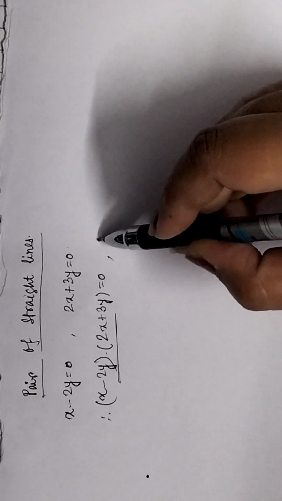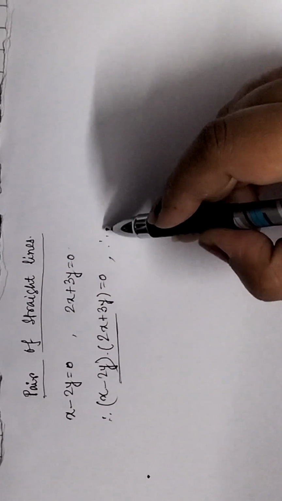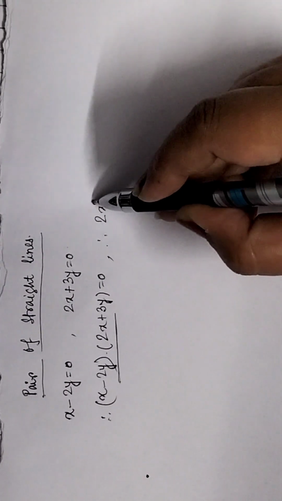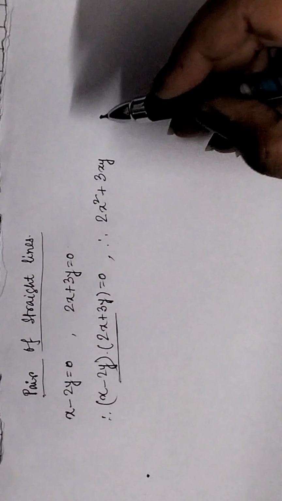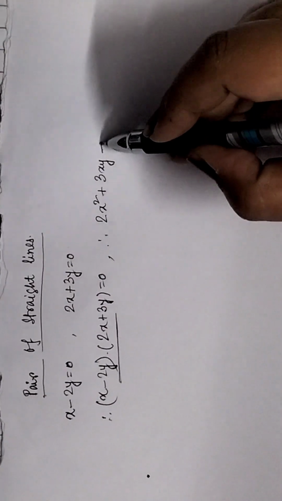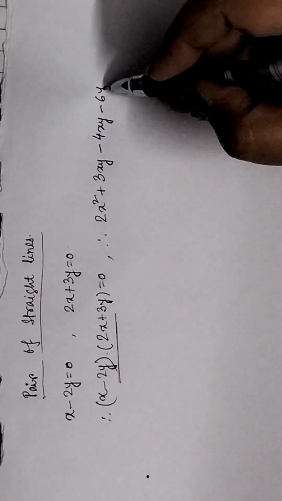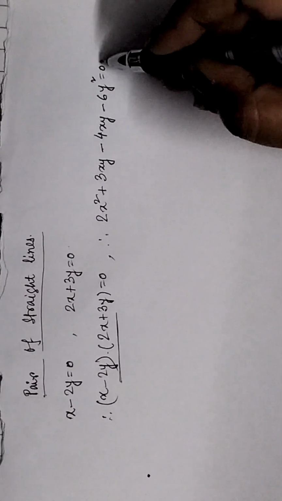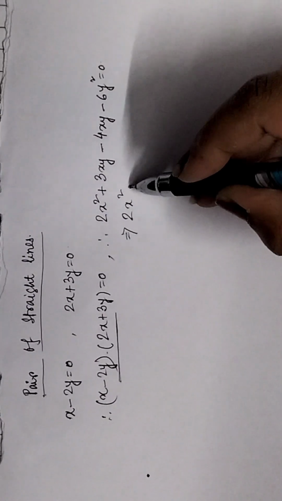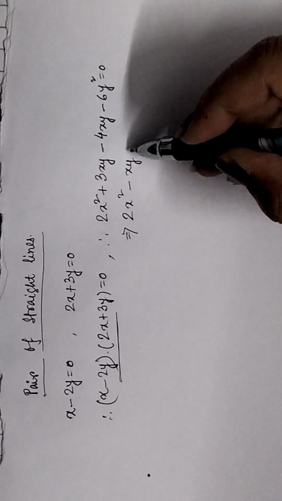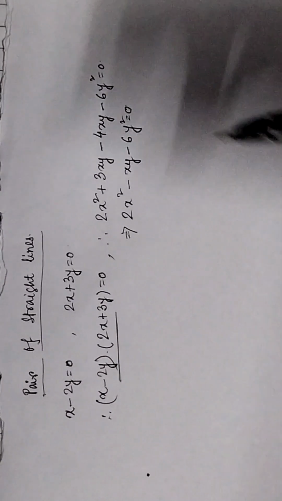So here if we break it, if we multiply, we will get 2x square plus 3xy minus 4xy minus 6y square equal to 0. So this will give us 2x square minus xy minus 6y square equal to 0.